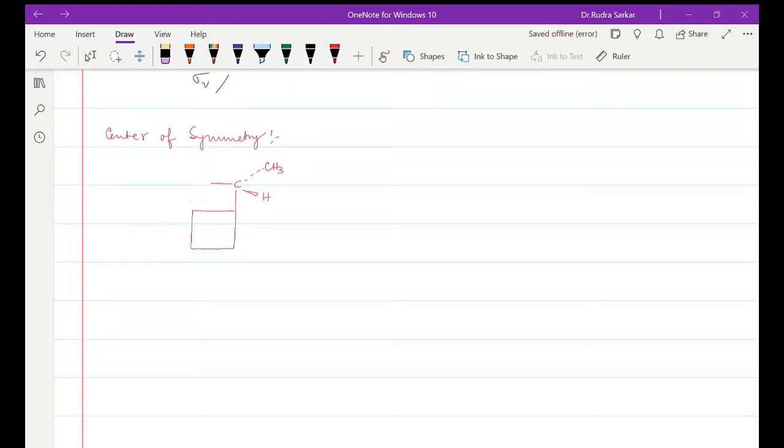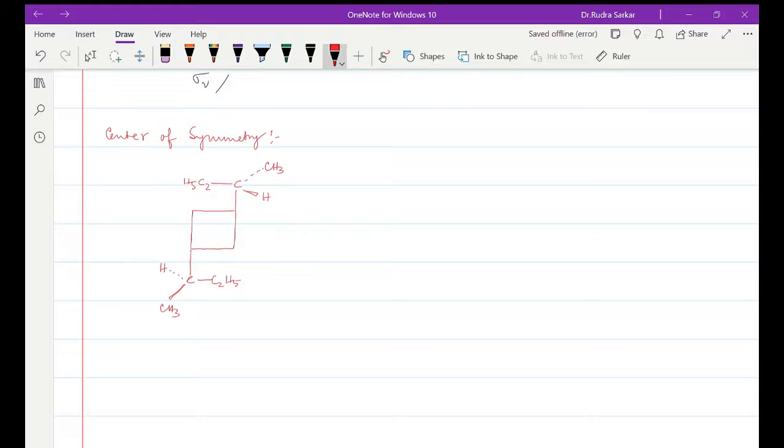Sorry, this is your C2H5, and we have another carbon as shown, and there is a C2H5. This is the hydrogen, and that is the CH3 over here.